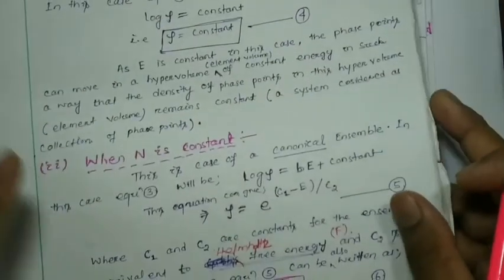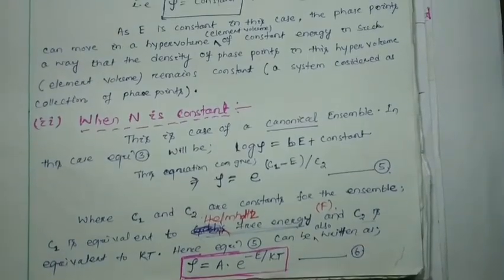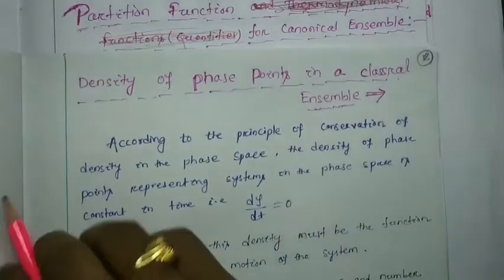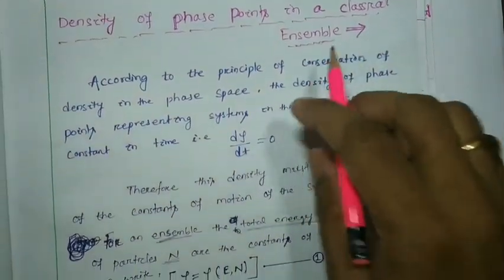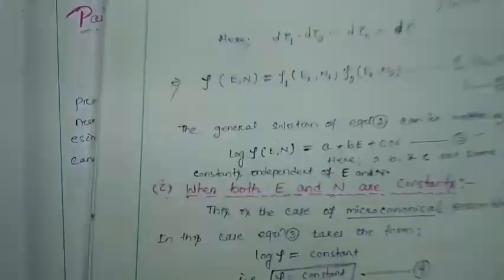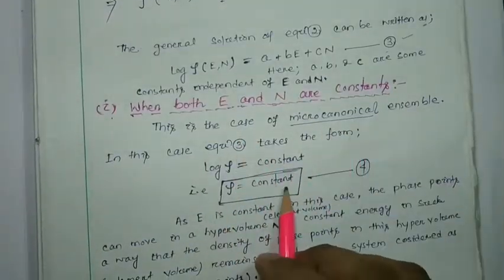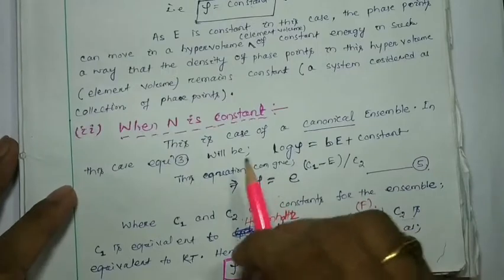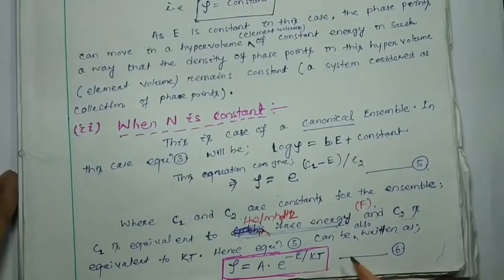The topic was density of phase points in a canonical classical ensemble, and you can refer to that video. In that topic we found that for microcanonical this is constant, and for canonical ensemble this is a e to the power minus e by kt.